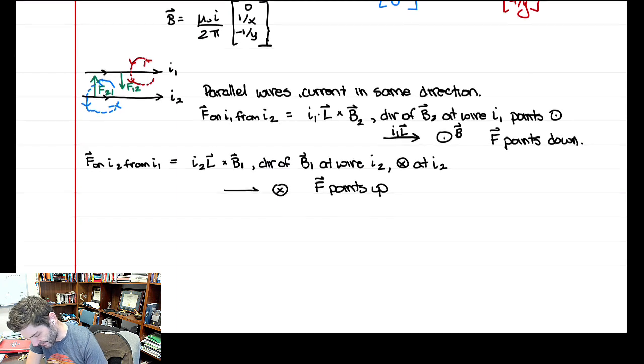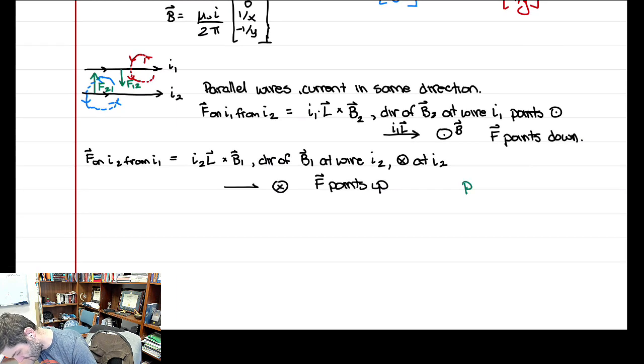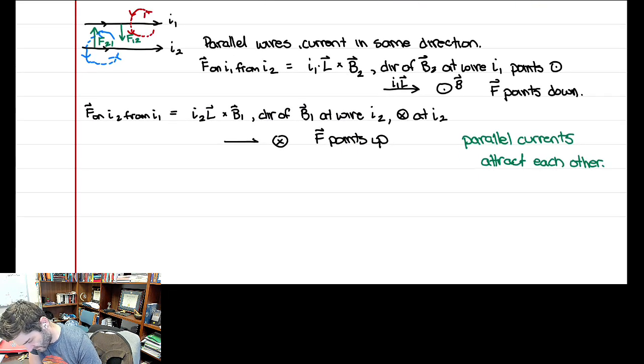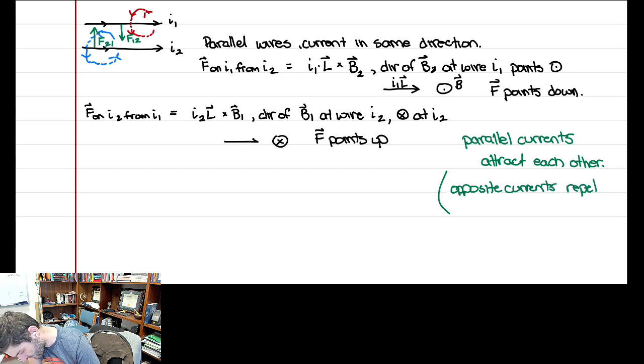So it seems like we're seeing that parallel currents attract one another. And, as you'll work out in class, opposite currents, or anti-parallel, I guess, opposite currents repel one another.